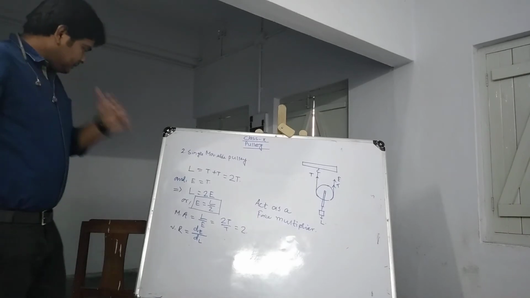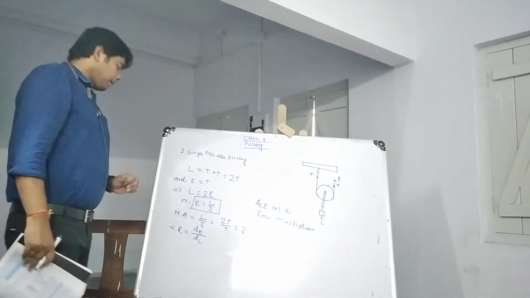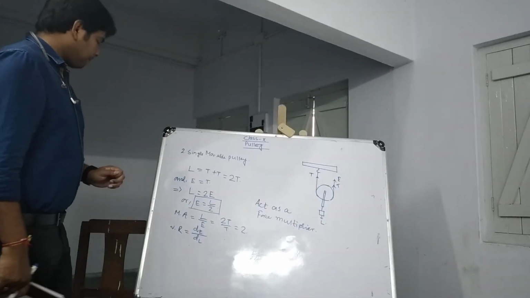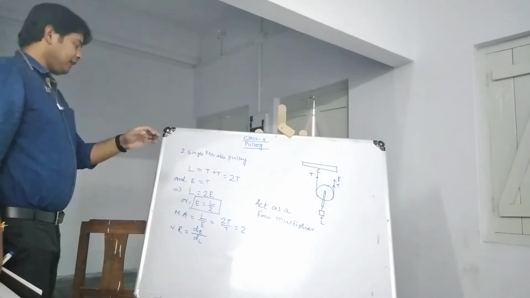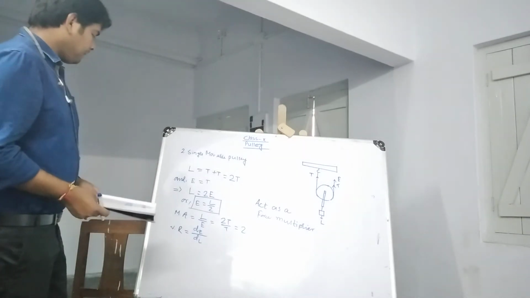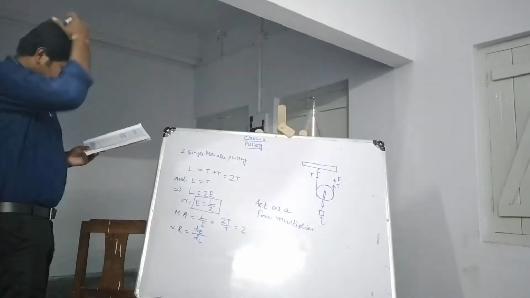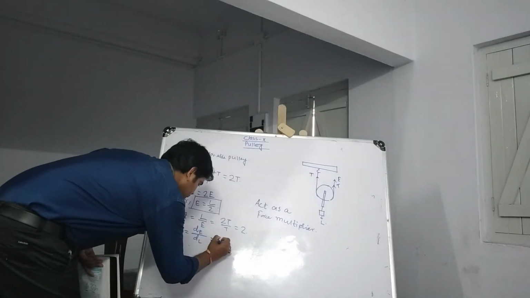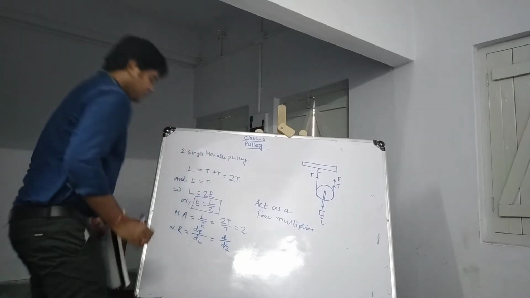Now, as E equals L by 2, if the distance moved by the load is d by 2, then the effort will move d. Why is this d by 2?